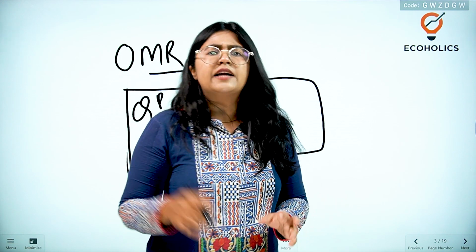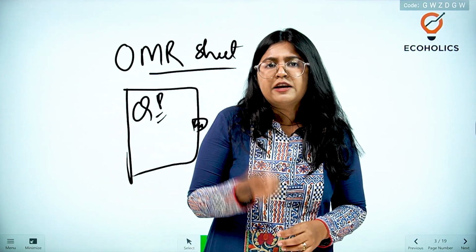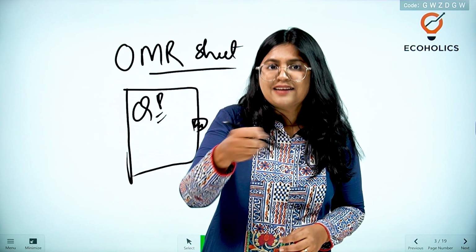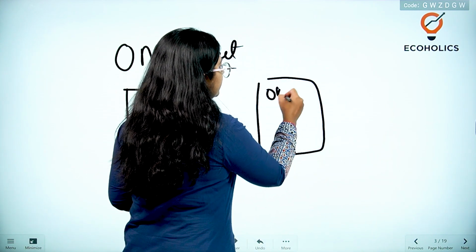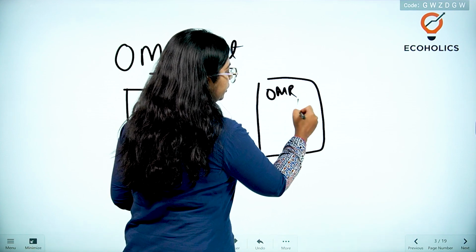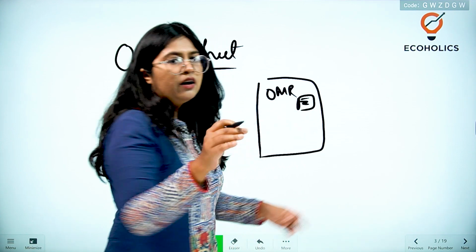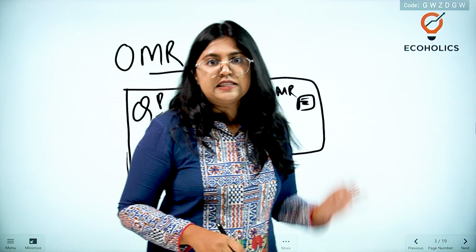You might also get a ballpoint pen, which will let you fill in the circles on the OMR sheet, right? So let's say that this is the OMR sheet. Somewhere here you will write your roll number, etc., whatever details you need to fill.